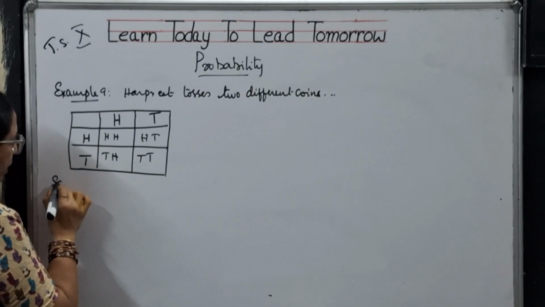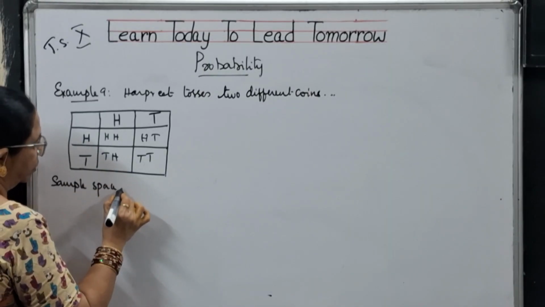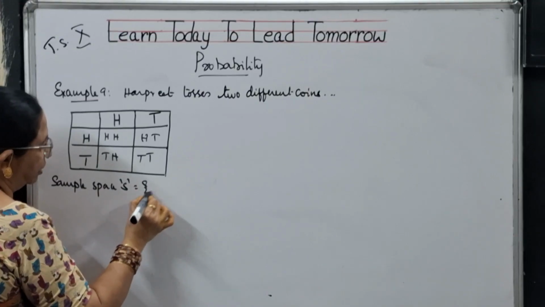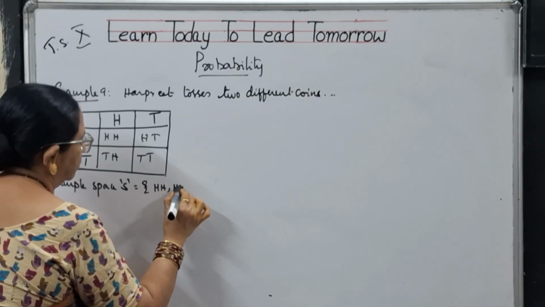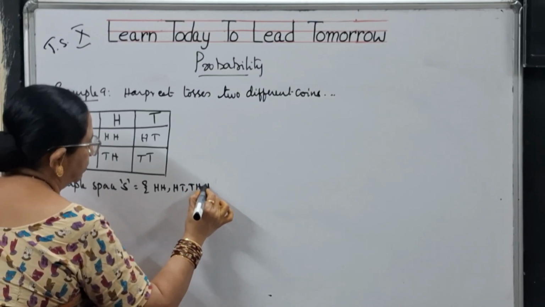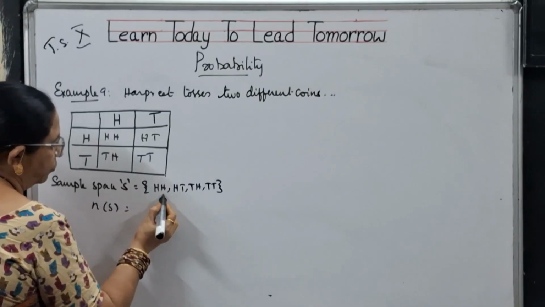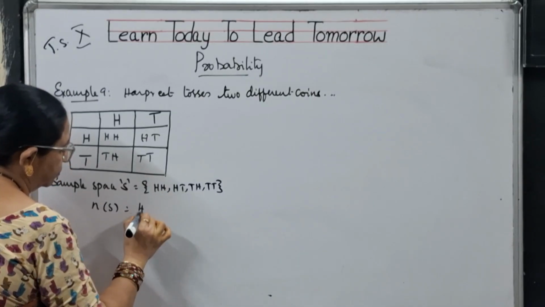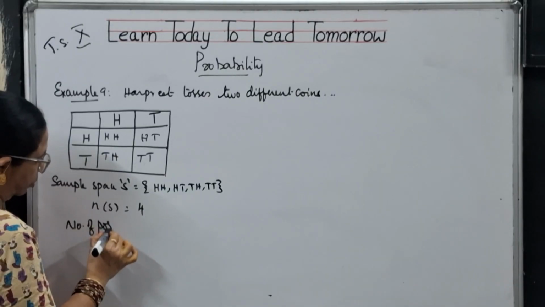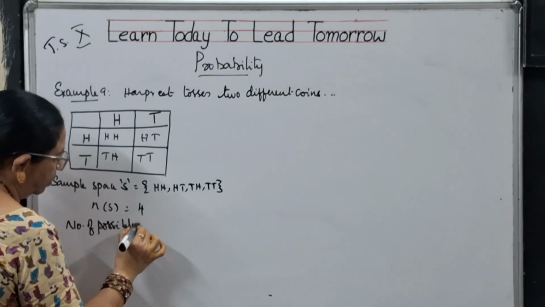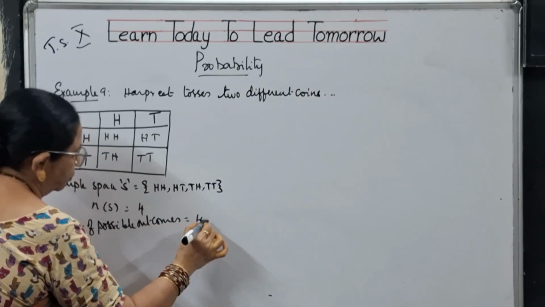So what is the sample space that we are getting? By using this checkerboard, it is very convenient to write. What are they? HH, HT, TH, TT. So what is n of S? 1, 2, 3, 4. So number of possible outcomes are nothing but 4.